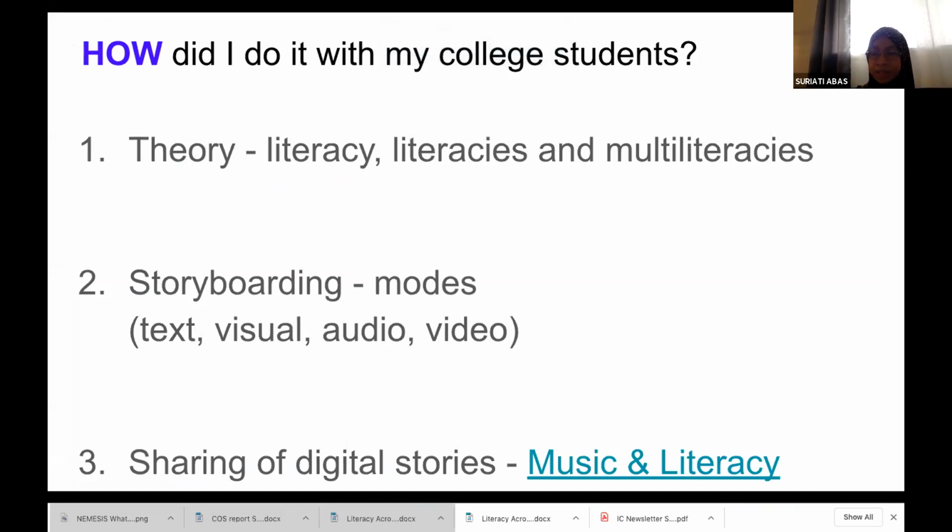Here in the literacy autobiography, the idea of literacy is defined as a social practice. What that means is that the literacy that we are looking at is not the traditional skills of reading and writing.